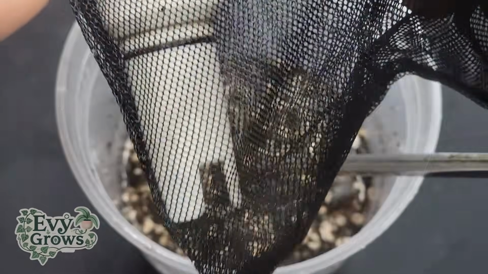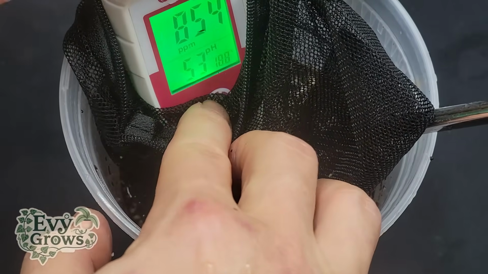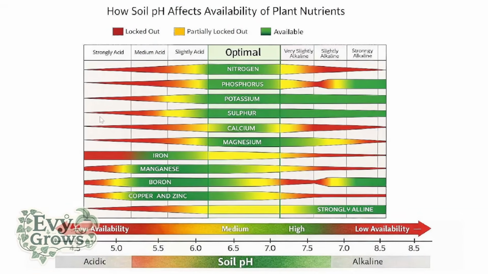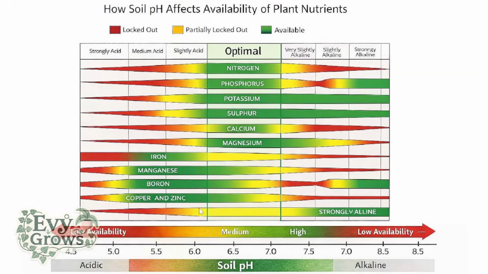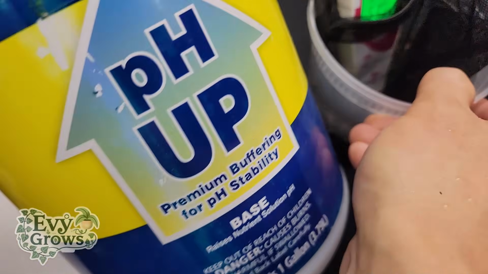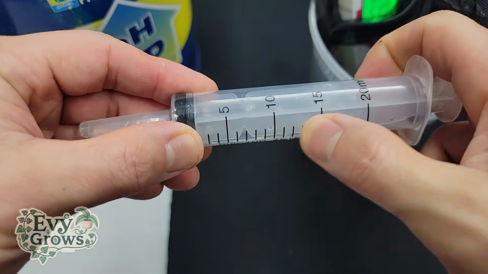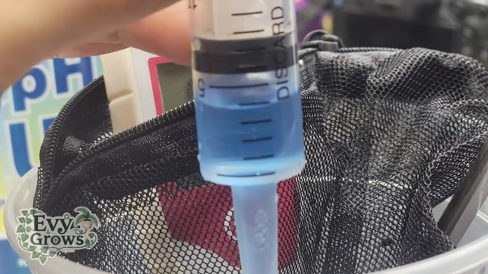As you could see, this soil is 853 ppm and 5.3 pH, which means it's outside my preferred grow zone of 5.8 to 6.5 pH. I'm gonna carefully add pH up to the slurry, a milliliter at a time, to try to get it around 6.2 pH.